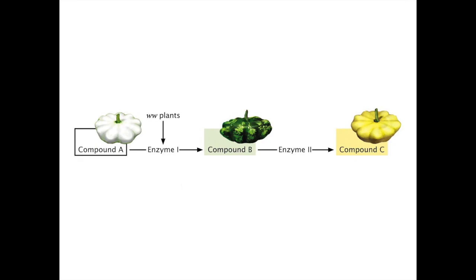This converts compound A, which is colorless, into compound B, which is green. The dominant allele at the white locus inhibits the conversion of A into B. So therefore, if you have the dominant allele at the white locus, this enzymatic pathway is blocked from proceeding.